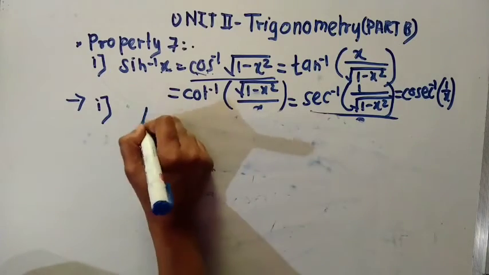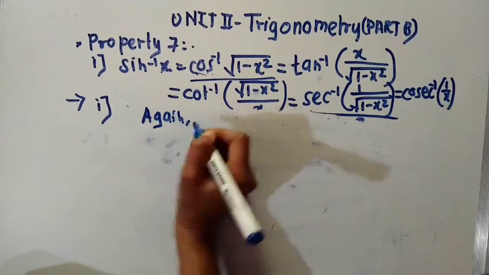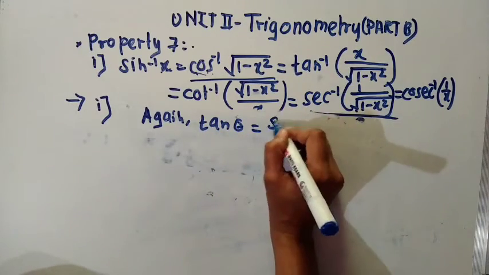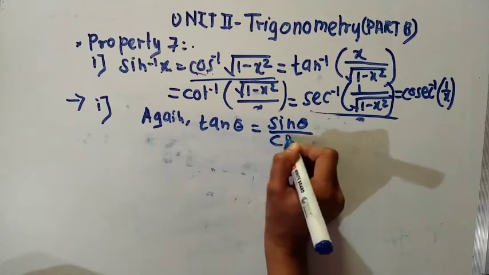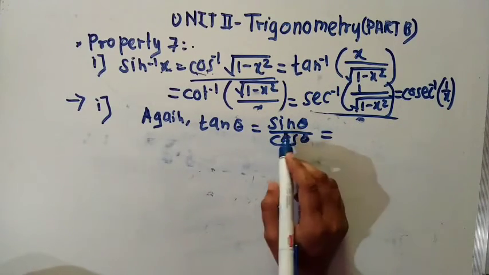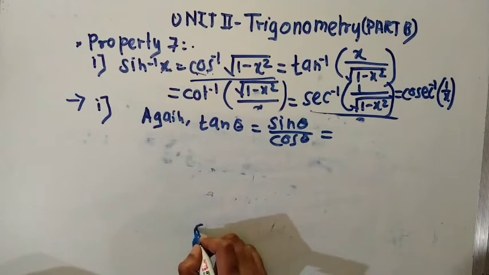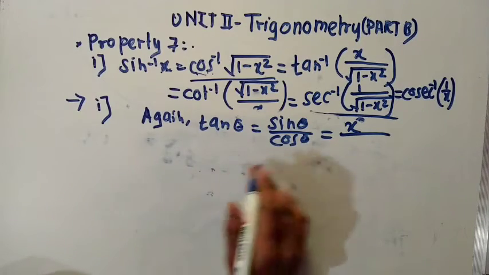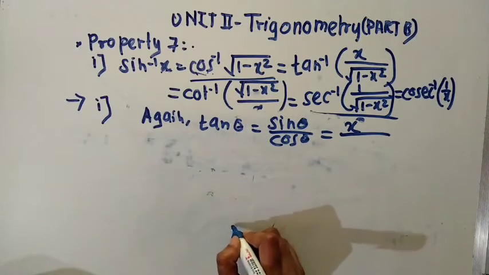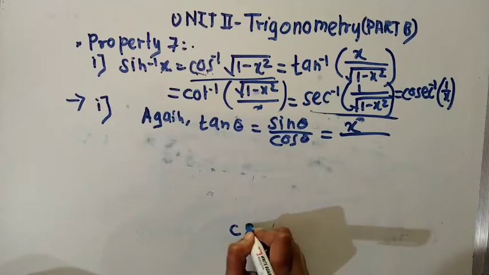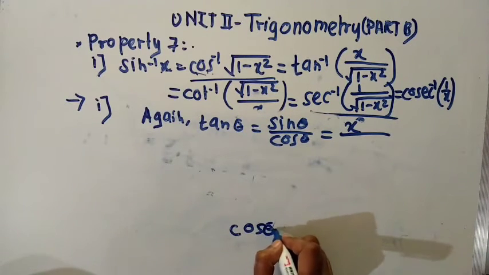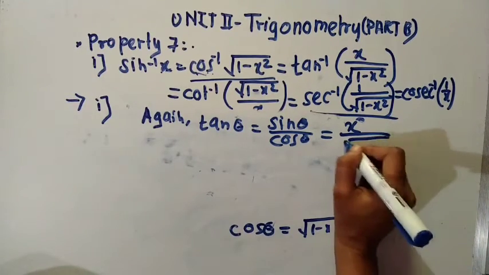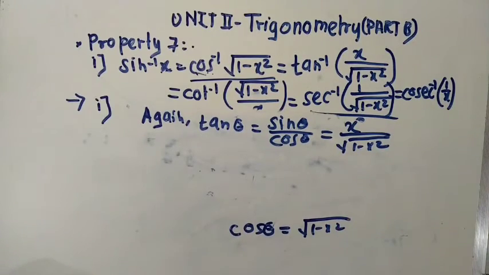So again tan theta is equal to sin theta upon cos theta, but here sin theta means x and cos theta is equal to root 1 minus x square.